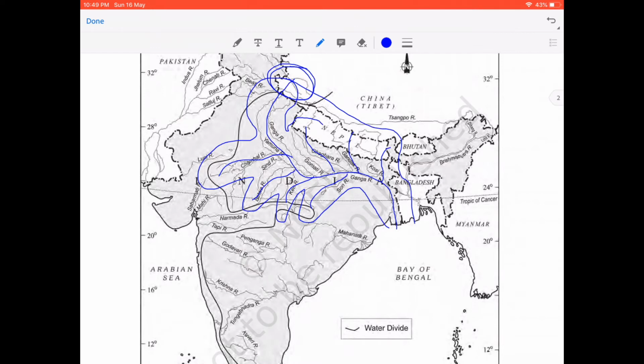See, this is the direction of flow. Whatever rain gets collected over here will flow towards this river. So this area is called the catchment area or drainage basin.